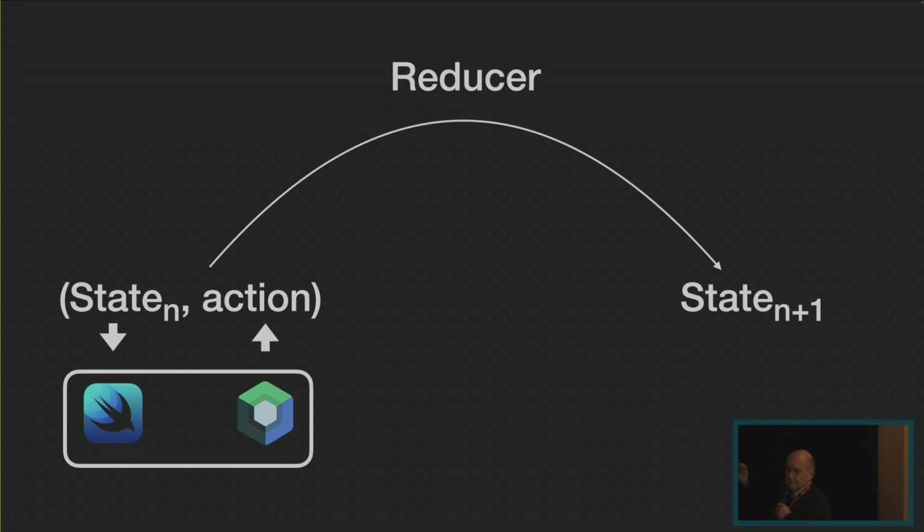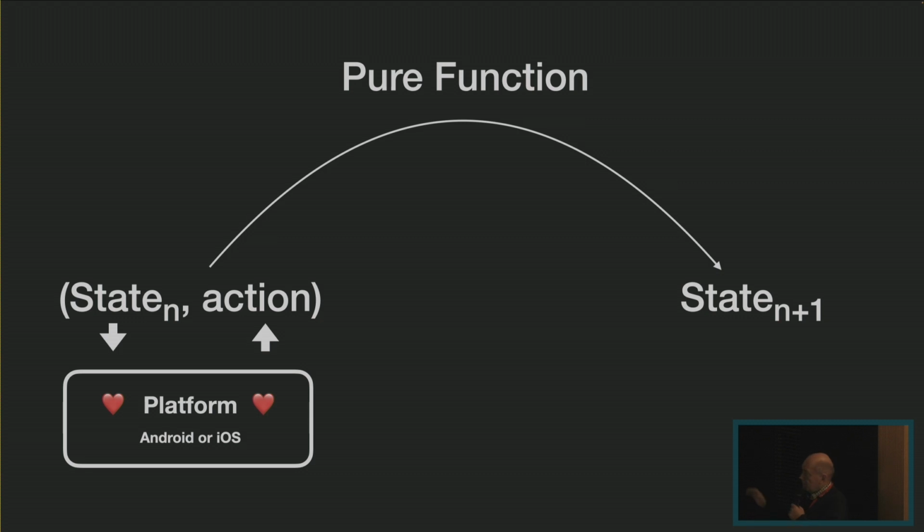And in this case, this is a reducer, which takes the state and the action, and produces a new state. But this is a pure functional thing. And it's something that I like very much. So John called this part the boring part. For me, it's the marvelous part, in fact, because you can dream when you are outside the lower physical part of your application. You can imagine what you want.